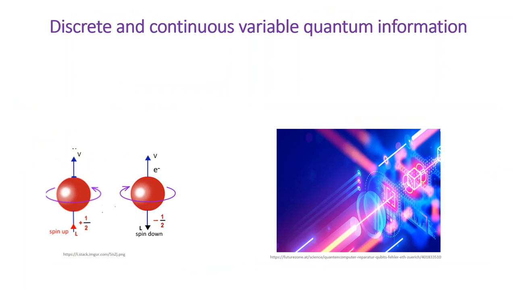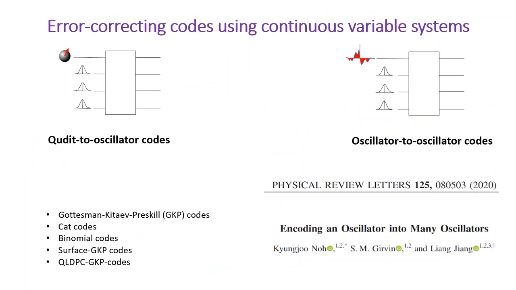Let me now discuss how we can encode quantum information into continuous variable quantum systems. On the one hand, we can use bosonic systems to encode finite dimensional systems or qubits. I call these families of codes qubit-to-oscillator codes. Important examples are the GKP codes, the cat and binomial codes, and concatenated codes such as the surface or LDPC GKP codes.